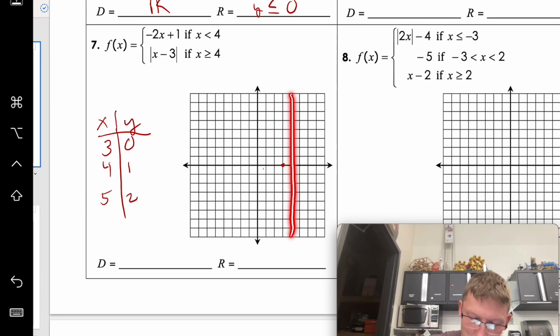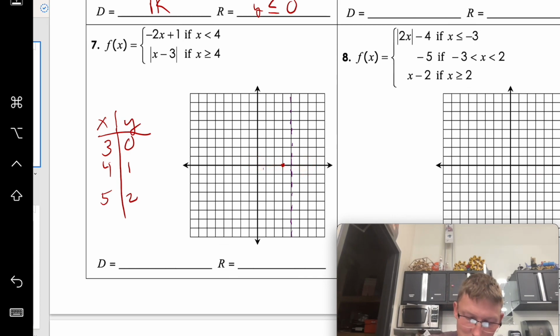So I made my boundary line right there, and I set the inside equal to 0. I've got x equals 3. And then when I put that in there, I get 3, 0 right there. So there's my vertex. Now, normally we go a couple of numbers to the left and a couple of numbers to the right.